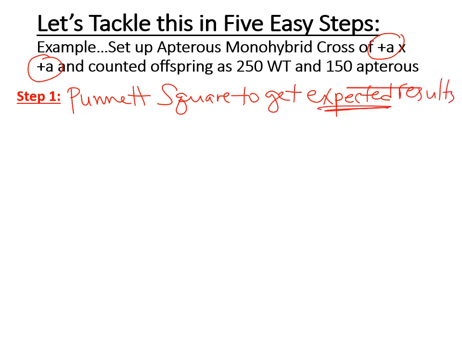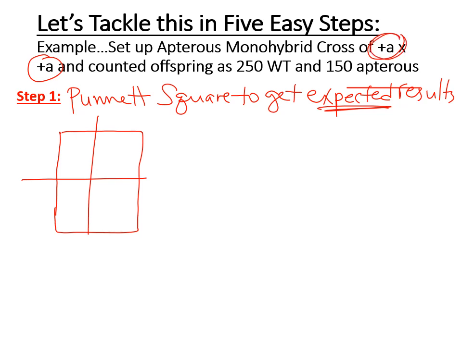So you're all experts at Punnett squares by now. You make your big square, you put the gametes of each fly on the side. So we said our cross was plus A fly and plus A fly.